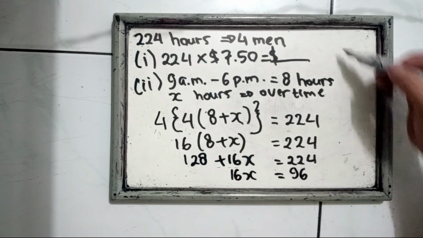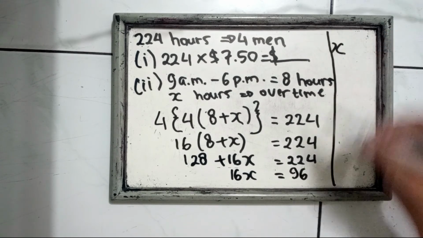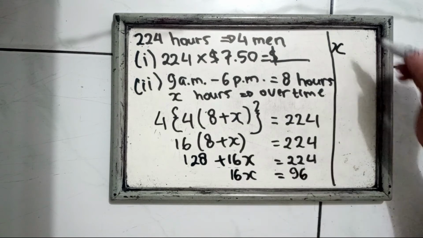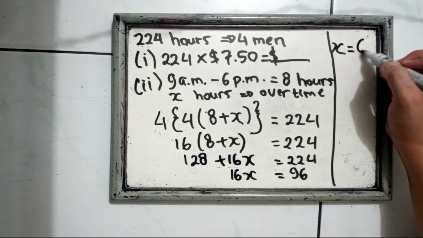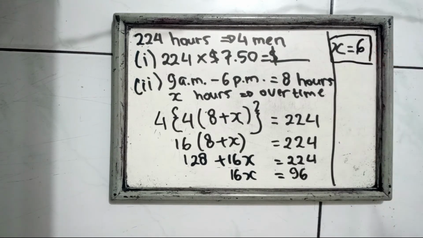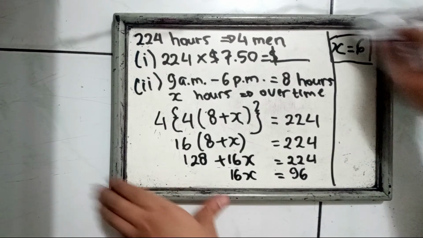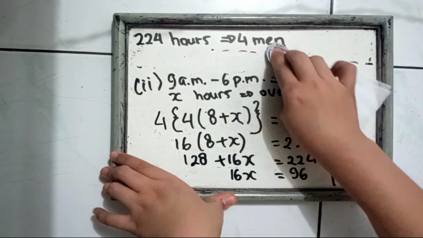And then we will find that x equals 96 divided by 16, or equal to 6 hours. So finally, we know they work overtime for 6 hours. Yeah, they work overtime for 6 hours. Now, after we know this, just remember this, yeah. Okay, after that, we haven't finished yet.